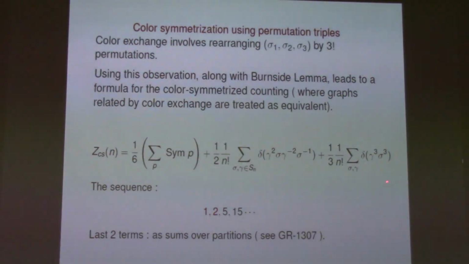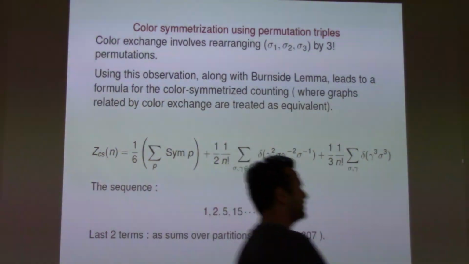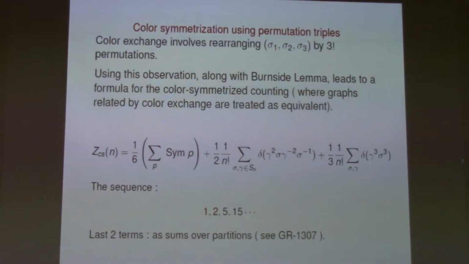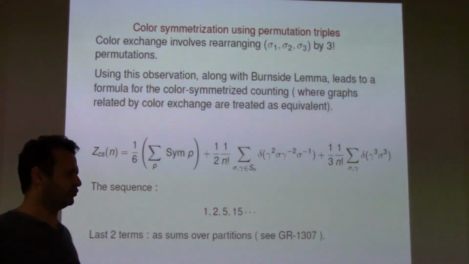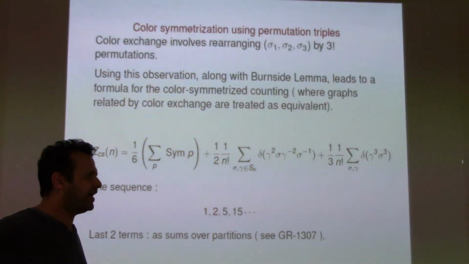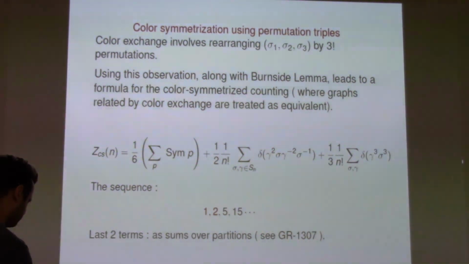What is this number? It tells you, given any permutations in Sn, look at the equation gamma cubed equals sigma cubed. Take all pairs gamma and sigma, ask yourself if gamma cubed is equal to sigma cubed, and find how many pairs satisfy that equation.